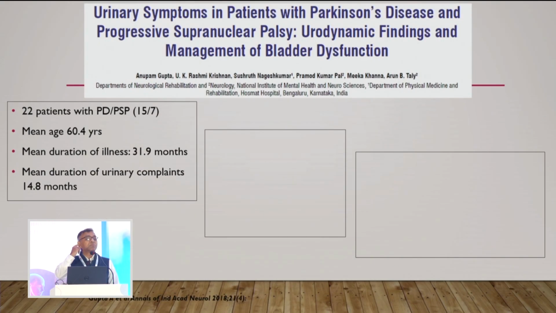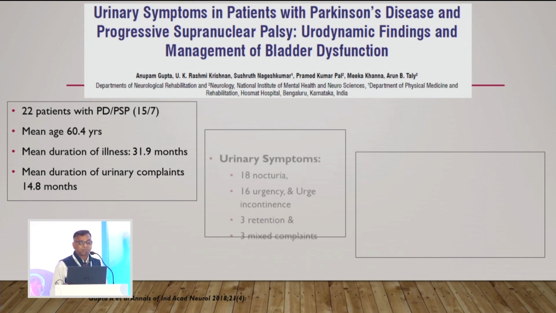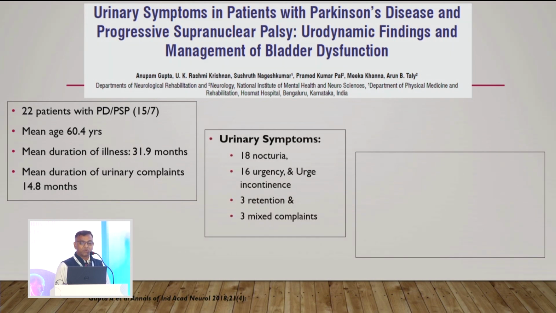Coming to the urinary symptoms, we have published our work on Parkinson's disease and PSP in patients who are having urinary symptoms. This was published long back, probably 7 or 8 years ago. We included patients with PD and PSP who were having urinary complaints, and the main complaints we found were that the majority of the patients had nocturia, urgency and urge incontinence, and some would have a mixed bladder pattern also, like retention of urine or involving both.